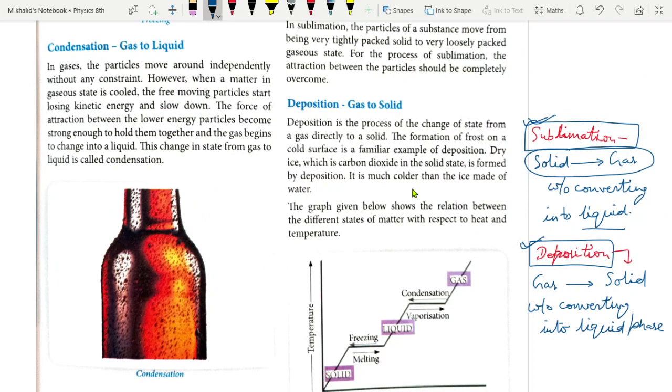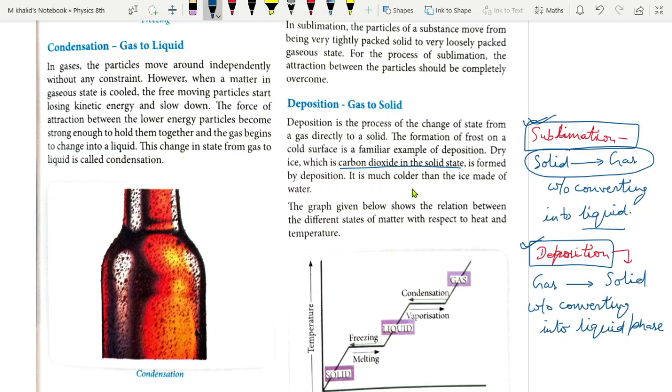Now for an example of deposition, we can take carbon dioxide in the solid state. Carbon dioxide is a gas, but how do we get it in the solid state?